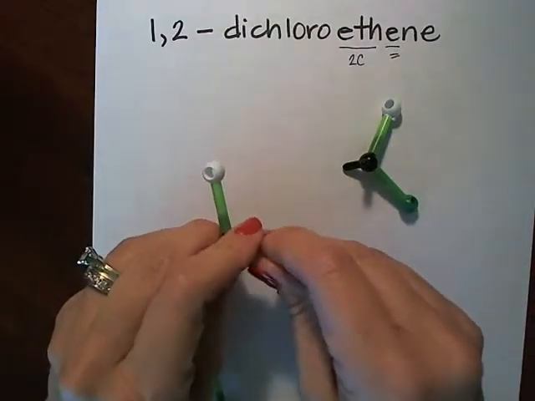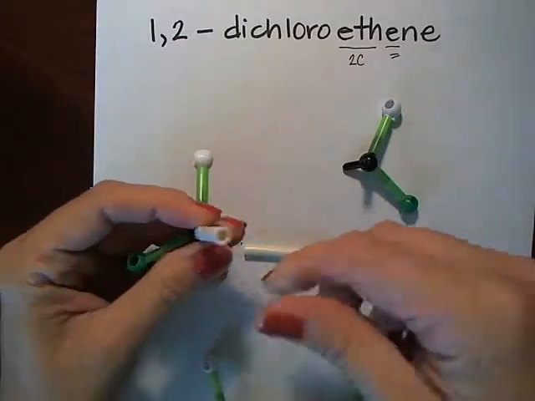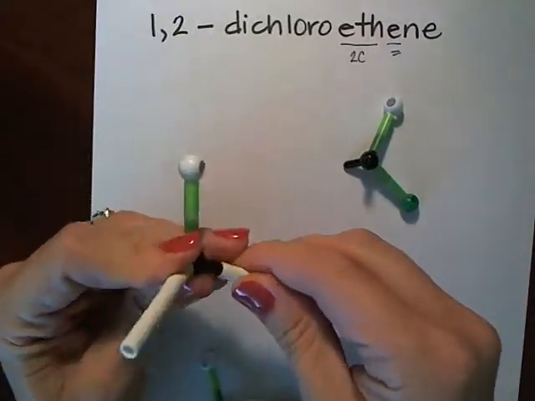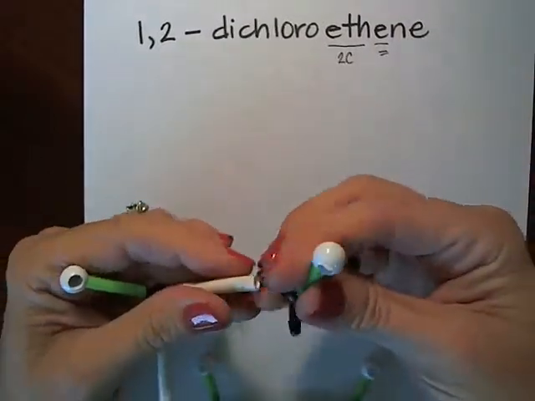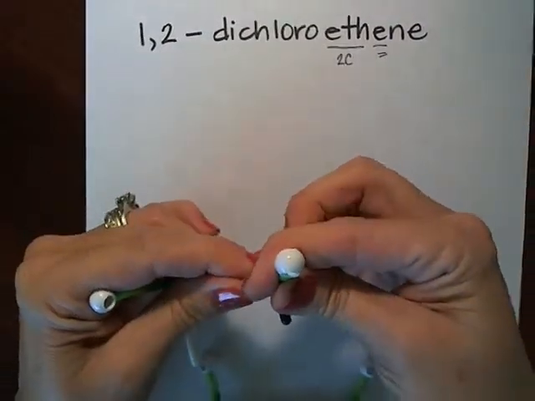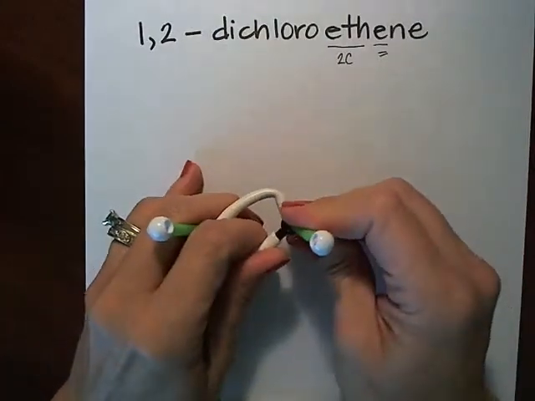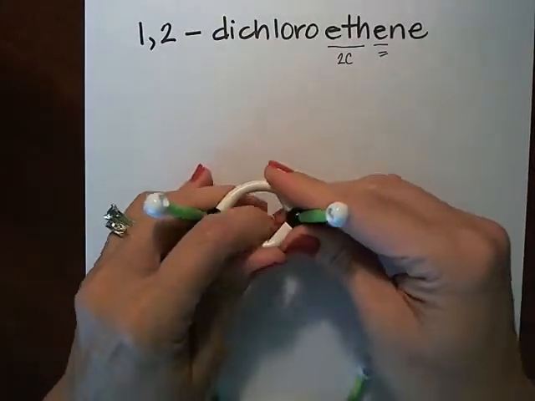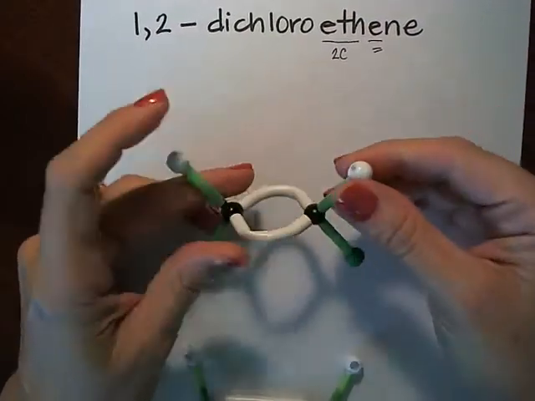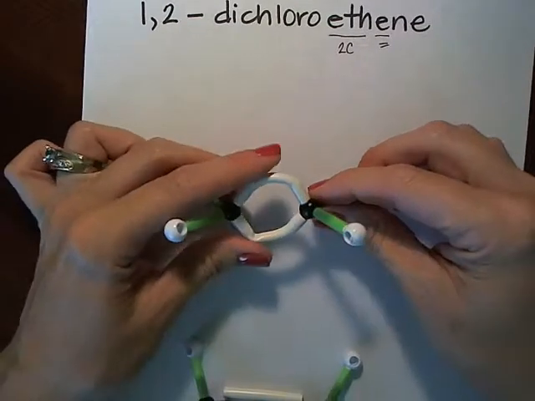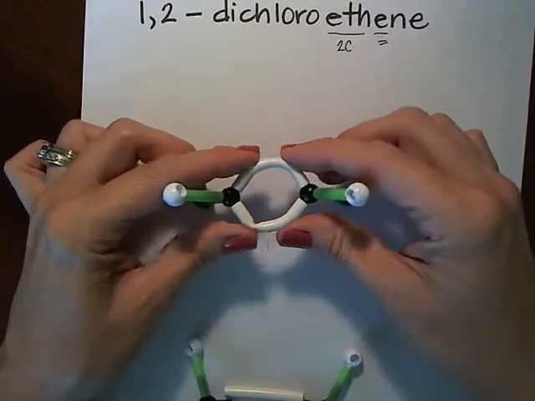So in your kits, you have these flexible white bonds that you can use to show an actual double bond between the 2 carbons. Oh, my chlorine fell off.